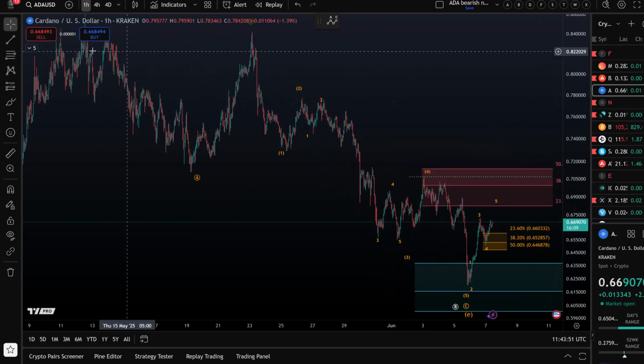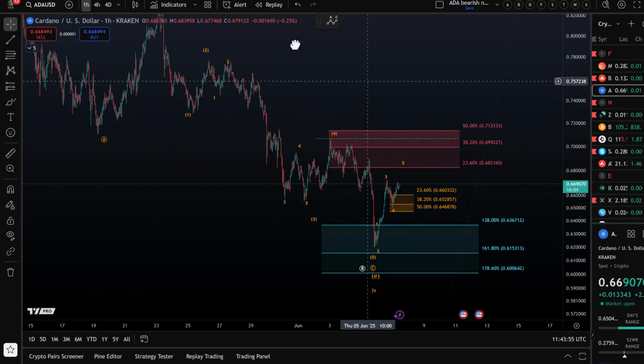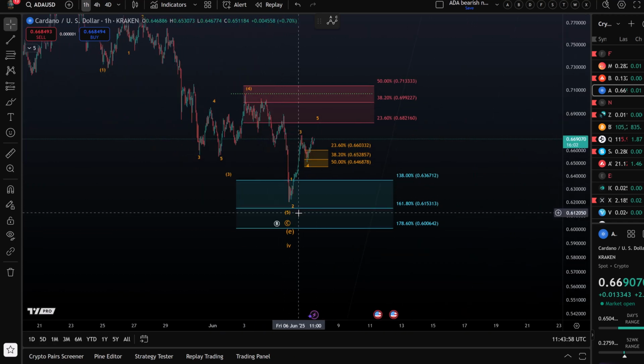Remember, this is a local downtrend that started nearly a month ago.